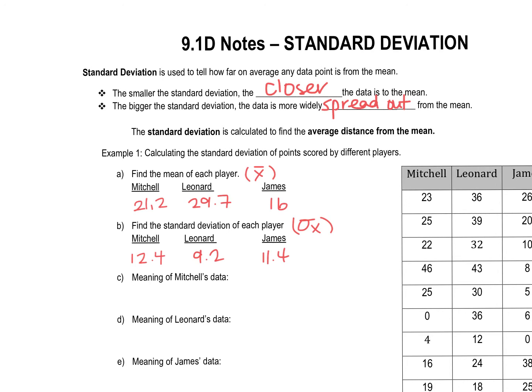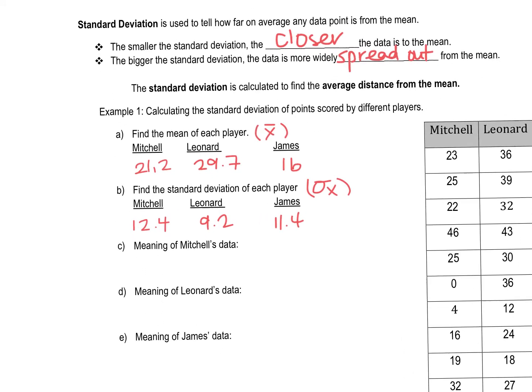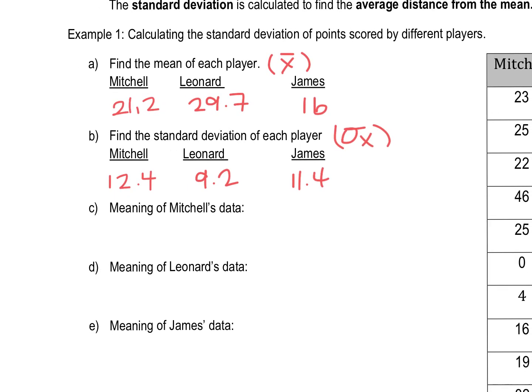Once we have the data for the 3 players, then we can decide what it means. So it looks like Mitchell has an average of 21.2, so let's write that down. And that his standard deviation, how far apart his data points are from his average, is 12.4, so it's pretty spread out. So let's change that color to red.